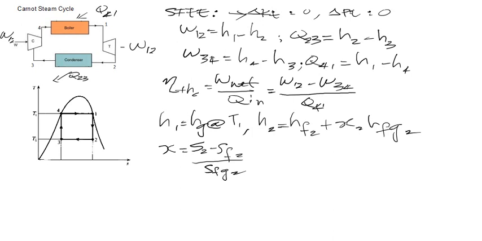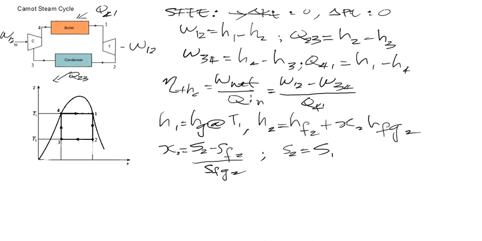This is our X2, where we know that the S2 is equal to the S1 for the reversible adiabatic expansion process, or also known as the isentropic expansion. So that is as for the H2.